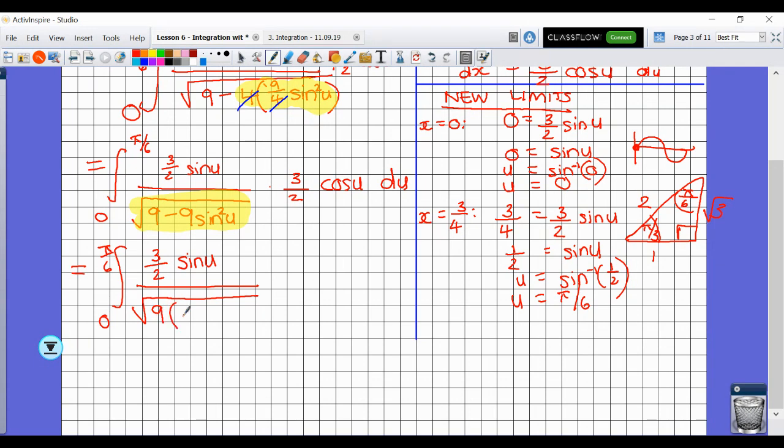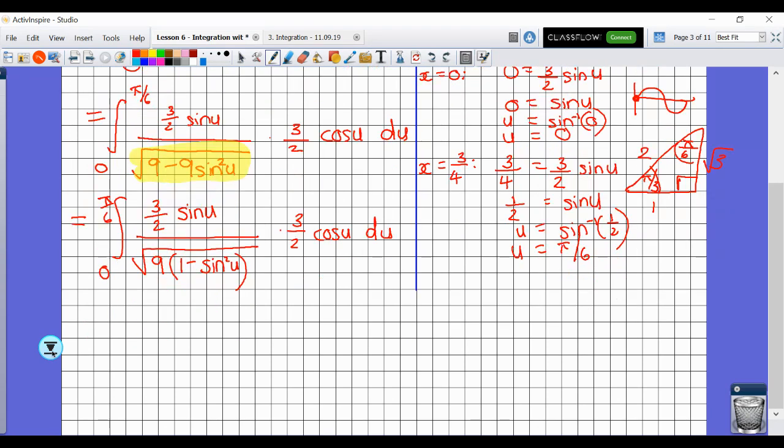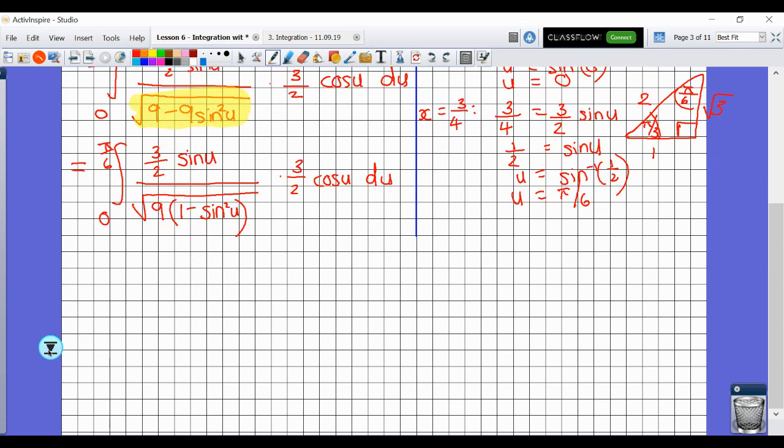So if I pull 9 out, it's just going to leave me with 1 take away sine squared u. You've still got your 3/2 cos u du at the side. Okay, so you might have said to yourself, why are we doing this? The whole point of doing this is because now I've got 1 take away sine squared u here.